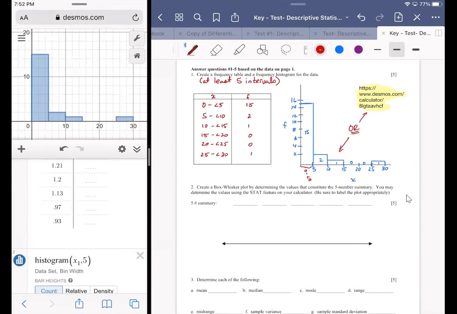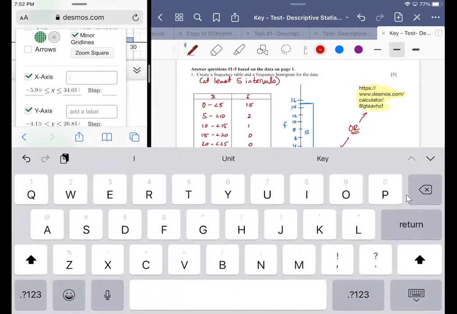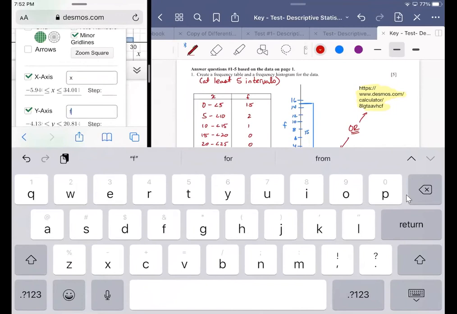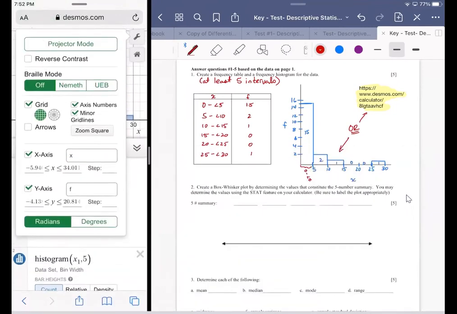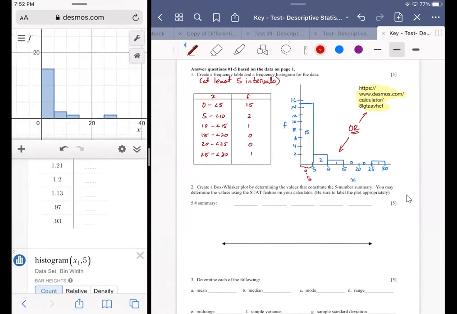You see I have X and F. So you tap on that little wrench there, and you could see under X-axis and Y-axis, it has all the numbers. It also says add a label. So for X-axis, I'll put an X there. For my Y-axis, I'll put an F. And now I have the appropriate labels, all right?